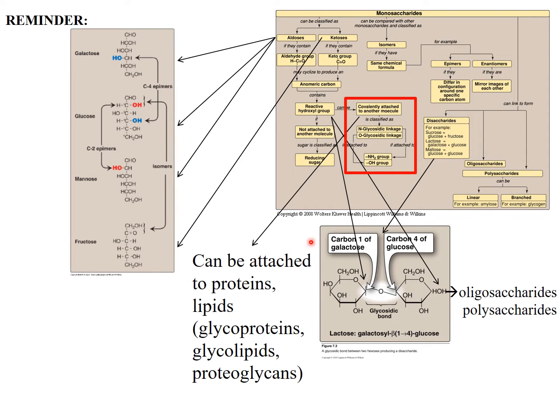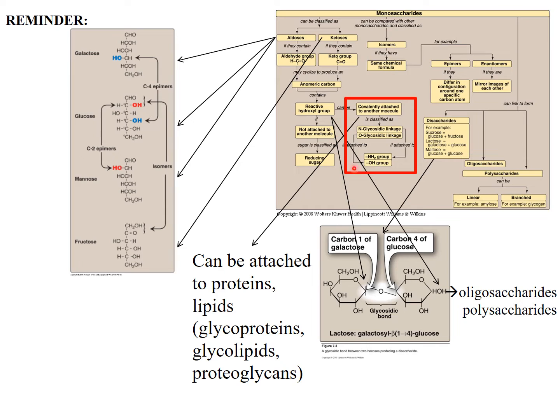You also learned that the monomers can bind to each other since they have aldehyde or keto groups that are reactive, and how we can form oligosaccharides, shorter polymers or polysaccharides from these monomer sugars.